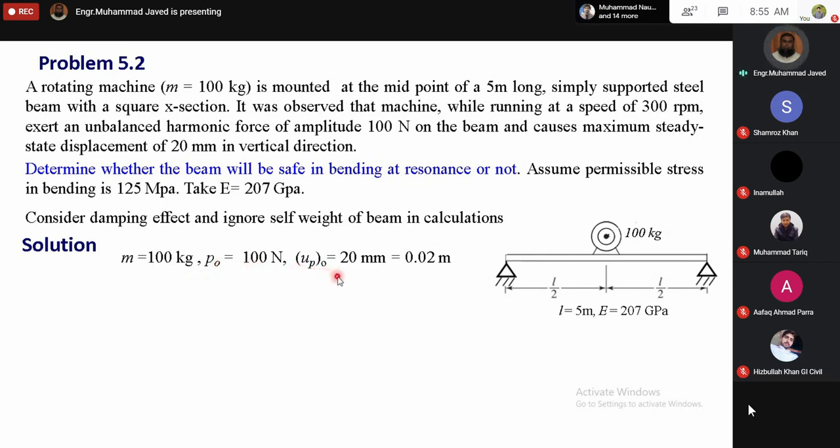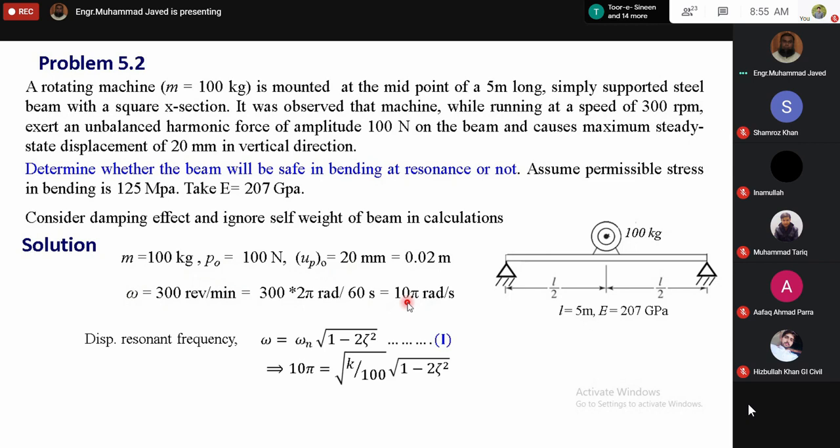The corresponding dynamic displacement is 20 mm or 0.02 meter. And angular velocity is 300 revolutions per minute. One revolution is 2 pi radian, 1 minute is 60 seconds. So in radian per second it will be 10 pi. Now the expression for displacement resonant frequency is omega is equal to omega n into square root of 1 minus 2 zeta square.